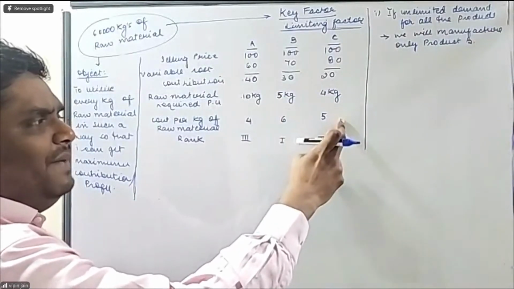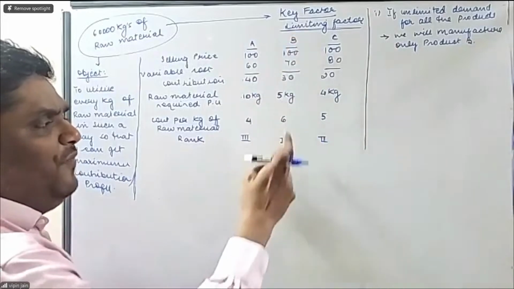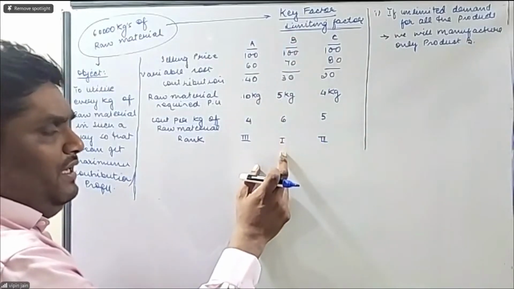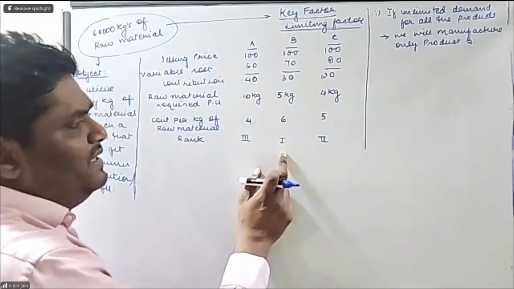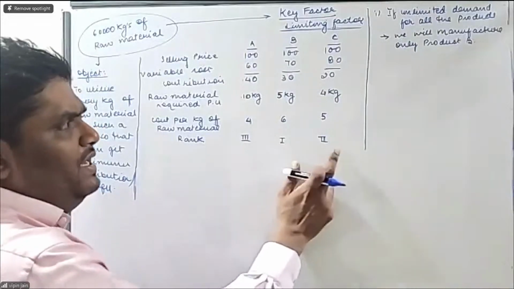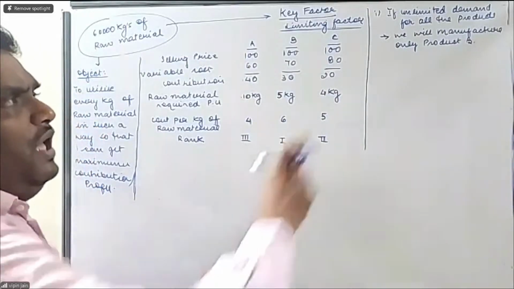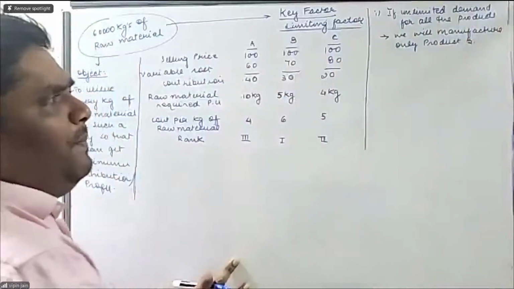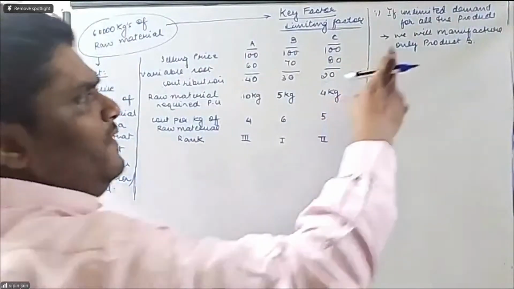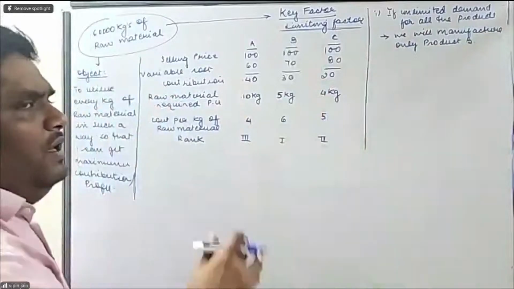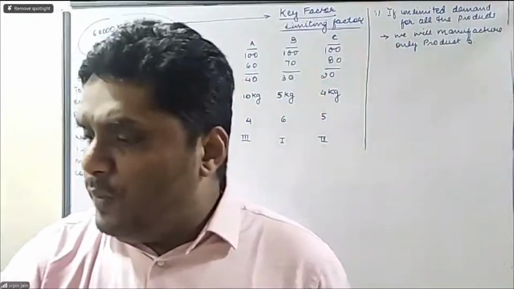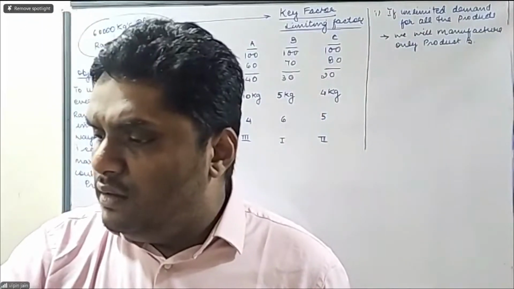And herein per kg I am getting 5. So highest profit per kg we are getting in case of B. So first priority will be given to B, second to C, and third to A. Now, if unlimited demand for all the products, then we will manufacture only product B. So can you guys tell me how many units of product B will be manufactured?